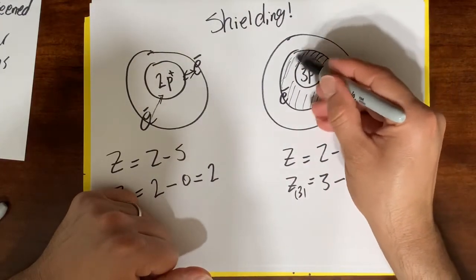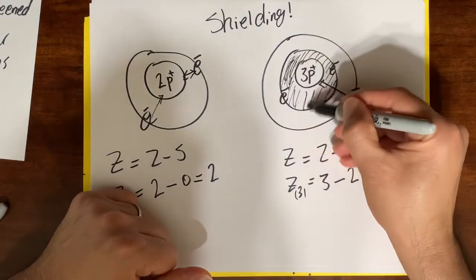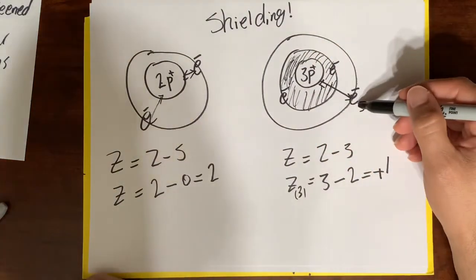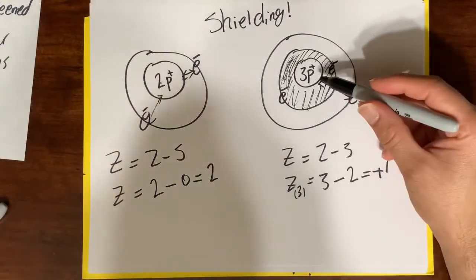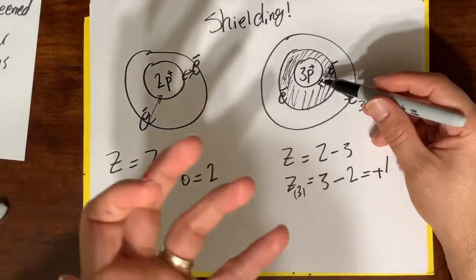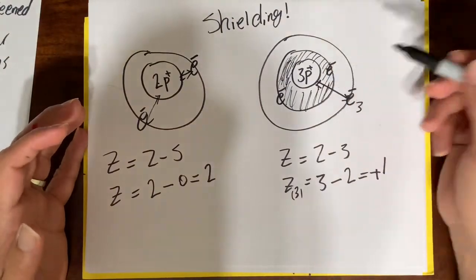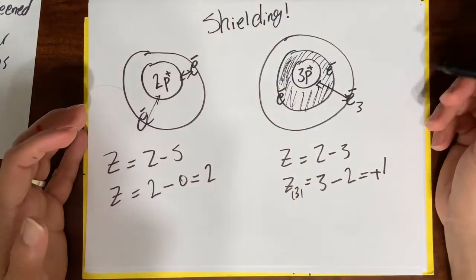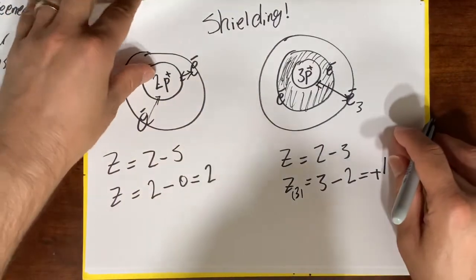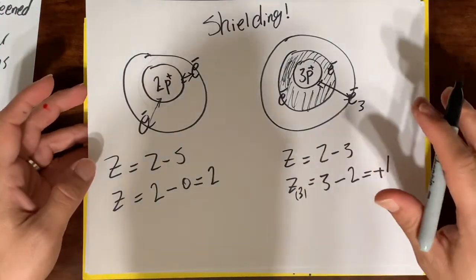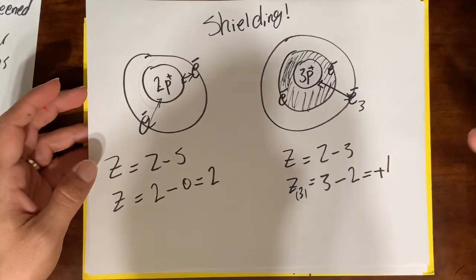They will cover the nucleus, so the outer electron will not see the nucleus directly. It will see whatever is left, technically, and it sees only 1 electron. So the more shielding effect you have, the less force you can apply on the last electron.